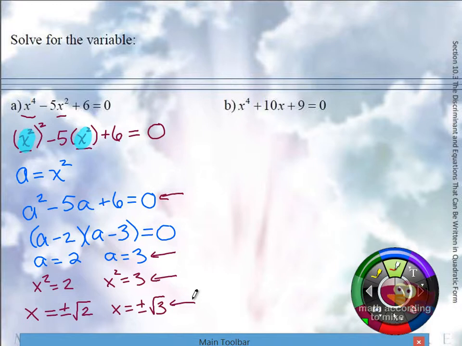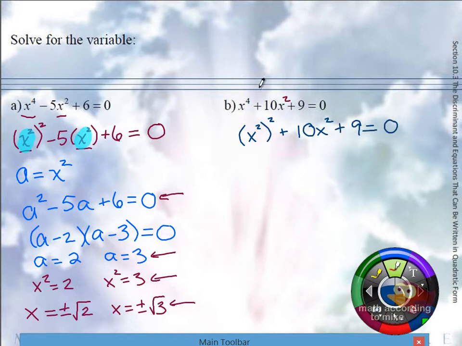So in part B, instead of 10x, please make that 10x squared. All right. So just like what we did in part A, instead of x to the fourth, I'm going to say x squared squared. And this satisfies my two properties.